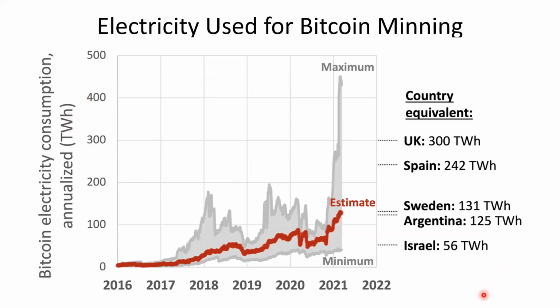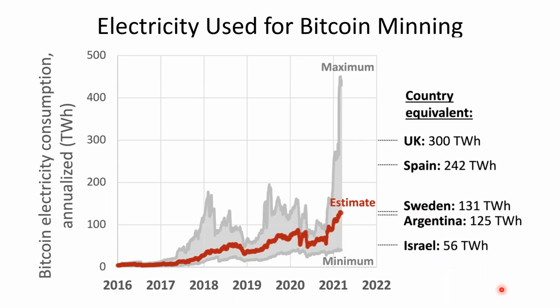So they talk about your home using maybe 100 watt hours, and then cities use megawatts, but this is in terawatts, and you can see different countries right now.